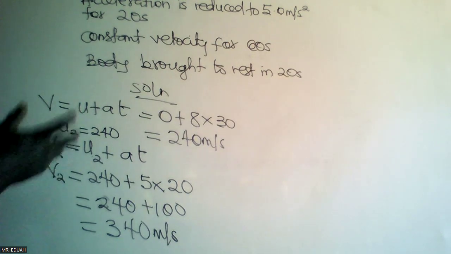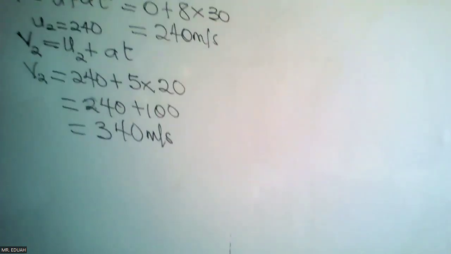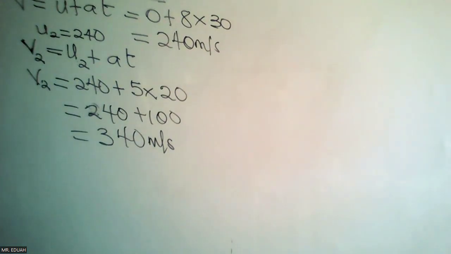So that bringing the body to rest would also go through a uniform deceleration. So we can decide to calculate for the uniform deceleration. So look at it, brought to rest, meaning coming to a stop.